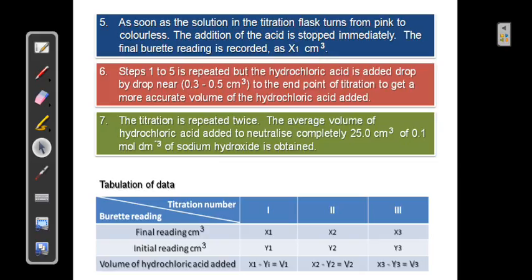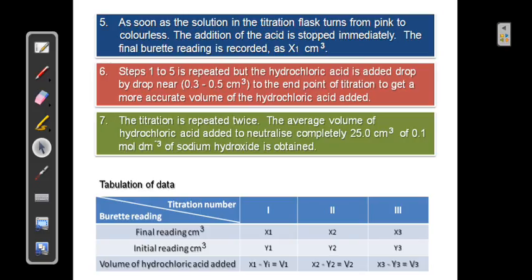Then to get how much volume of hydrochloric acid, you just take X1 minus Y1, then you get the V1. So V1 is the volume of hydrochloric acid in the first experiment, and V2 is the second volume, and V3 is the third volume.